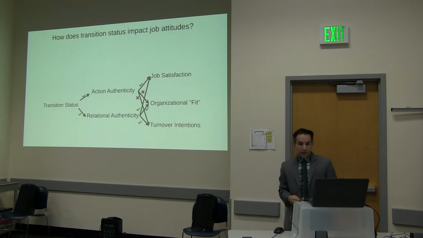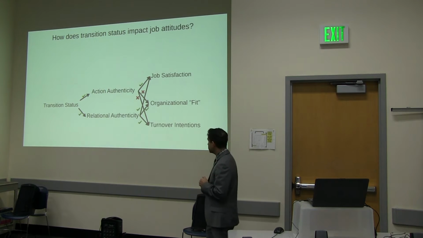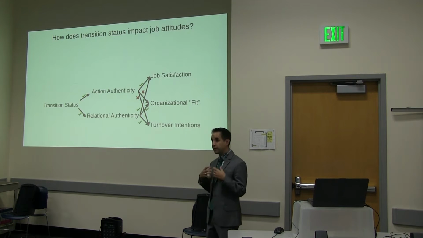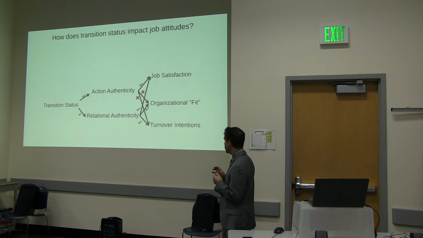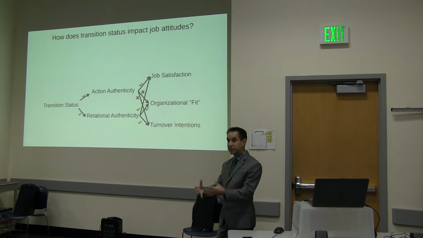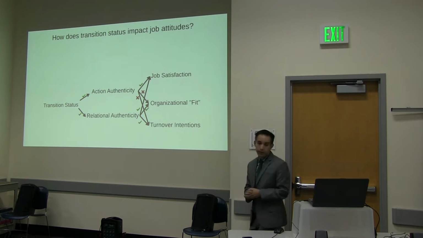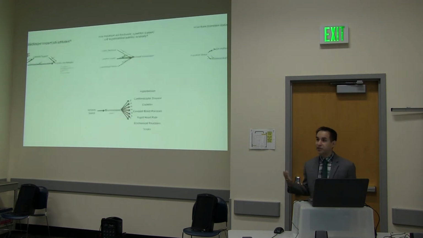But when you look at the rest of the model, what we found is that relational authenticity is the only one that fully mediates, fully explains that relationship. So it seems like, again, having your coworkers be supportive and affirming of your identity matters more than just expressing your identity in a way that you feel is important to you. So all of this sort of points in the same direction, right?